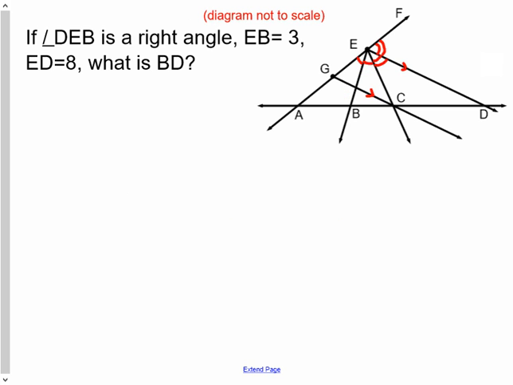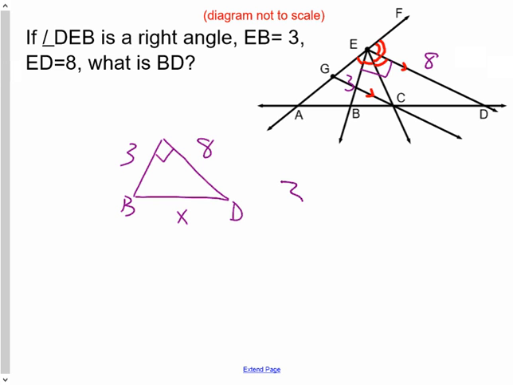One more problem and a plan to prove, and then that wraps up this lesson. So we've got, if angle DEA is a right angle, EB is 3, EB is 8, what is BD? They're saying if this is a right angle, and they gave us some values, this one's 3, this one's 8, what is BD? If you just redraw it, right triangle, 8, 3, what is this value for BD?